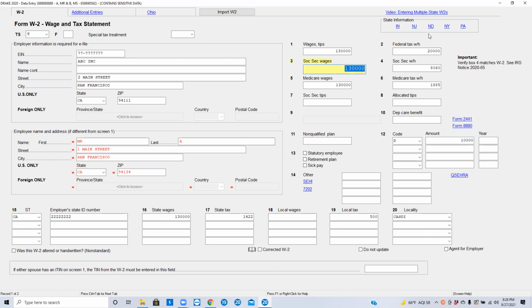Now, this withholding, you can withhold more and you can withhold less. But when you withhold more, you most likely are going to get a refund when you file a tax return. But if you withhold less, you may end up paying tax. So this is where you determine this number.